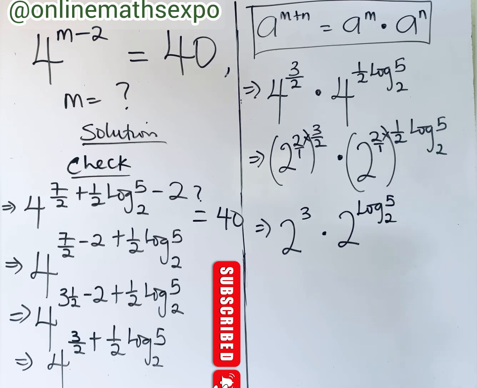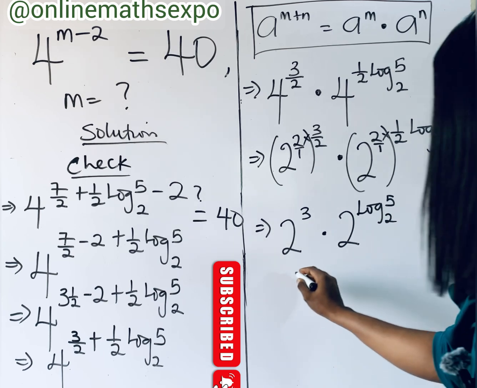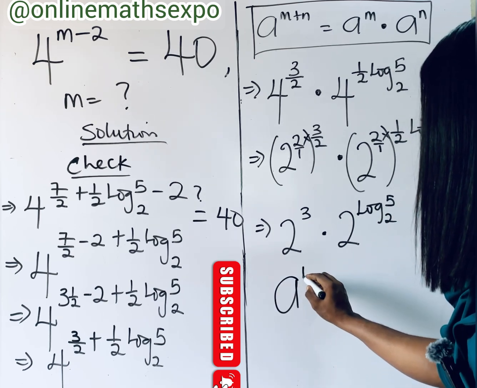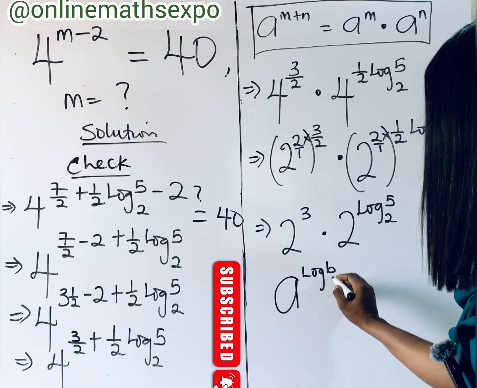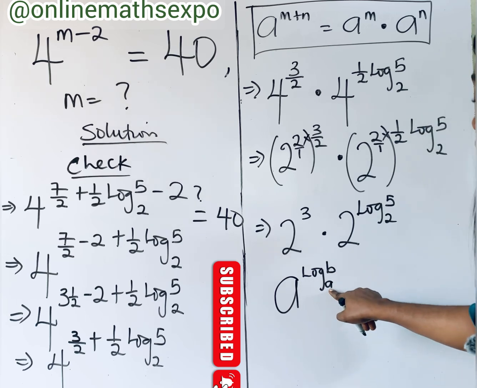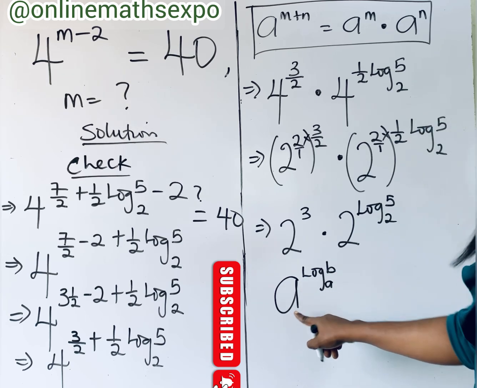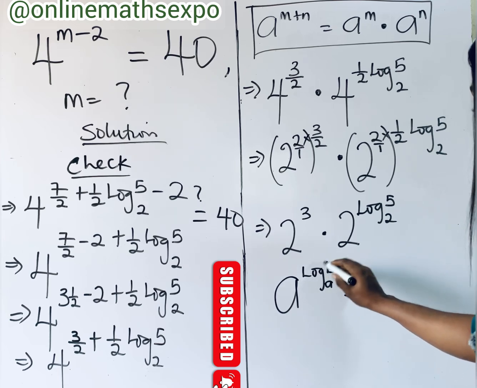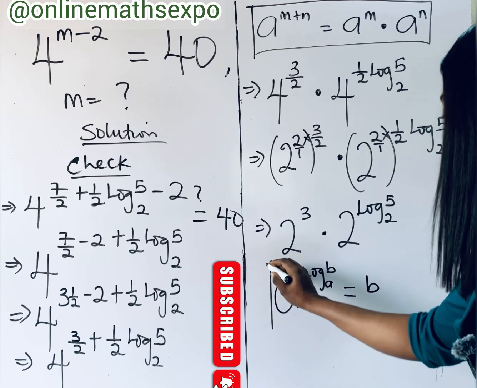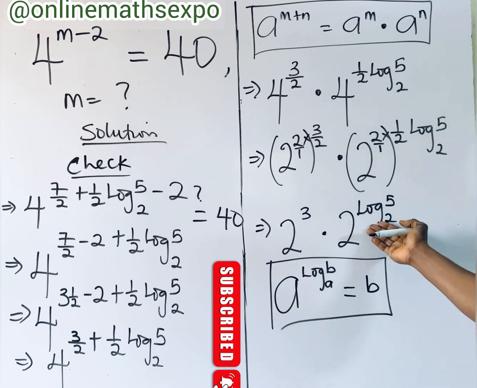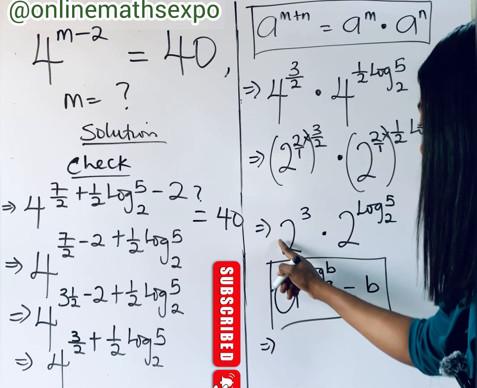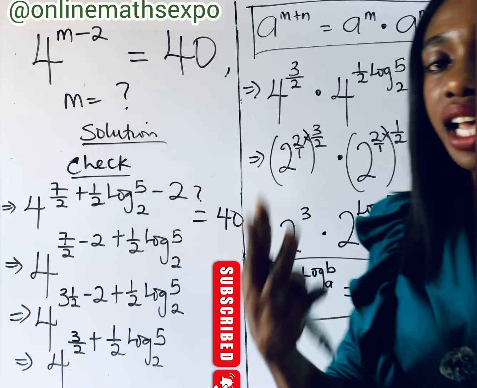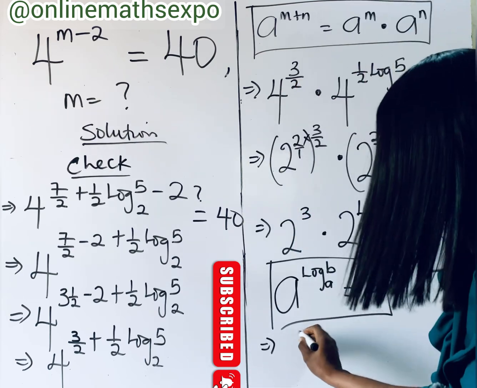Did you see that? Now what do you do again? Just quickly remember this rule, which says for every a raised to the power of log of b base a, when the base of the log and the general base are the same, automatically your value becomes this number b. Okay, now applying it here, 2 to the power of 3 is 2 multiplied 3 times, and that will give us 8.